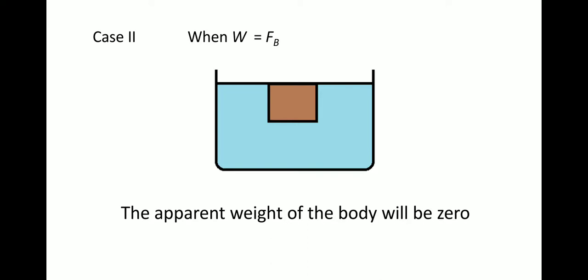So here you can look at the picture and understand how it's going to happen. The body is at the surface of the liquid, but it is completely submerged inside the liquid. Here the apparent weight of the body will be 0 and the density of the solid must be equal to the density of the liquid.